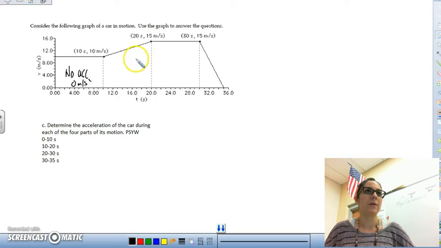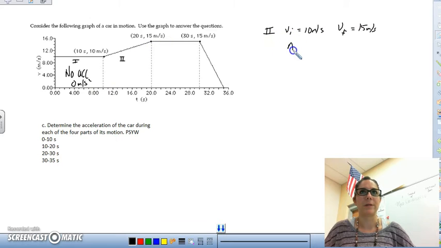Now from here to here, Part 2, notice that we're changing our speed. Our initial velocity is 10. Our final velocity is 15. And notice that we do this in an interval of 10 to 20.